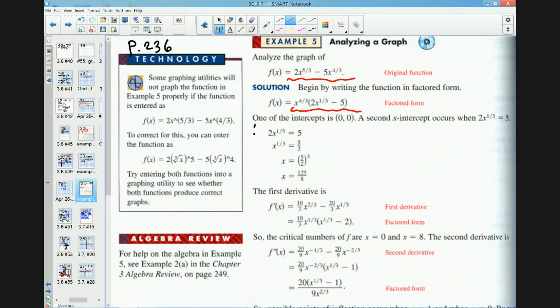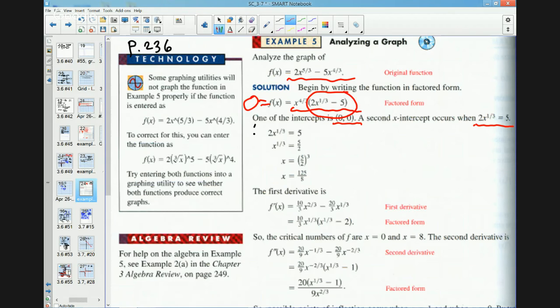What are the intercepts? You want to find the x-intercepts? Set y equal to 0. So you set each factor equal to 0, x to the 4/3 equals 0, so x equals 0, so there's one of them. And then you've also got this equals 0, which means that if you add 5 to both sides, you've got this.